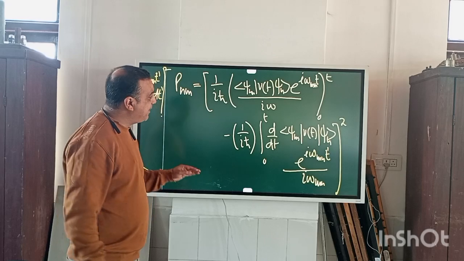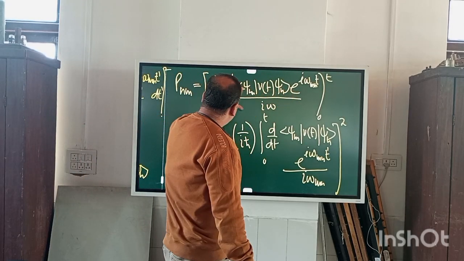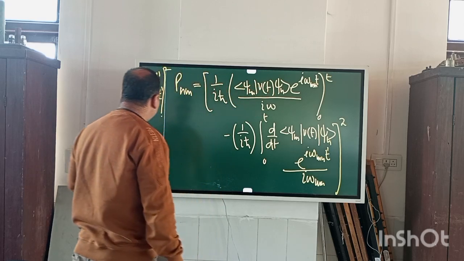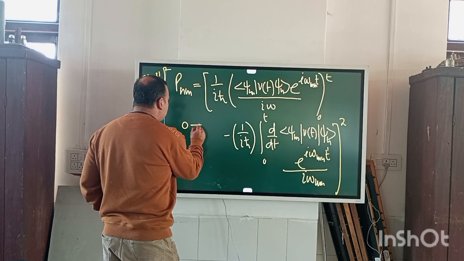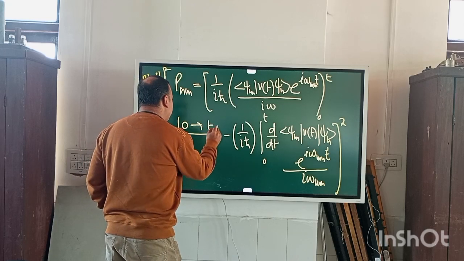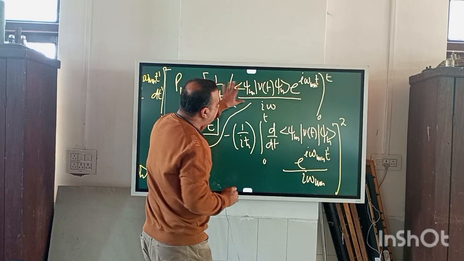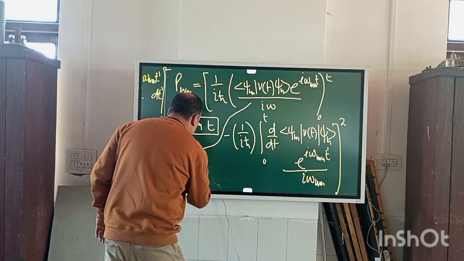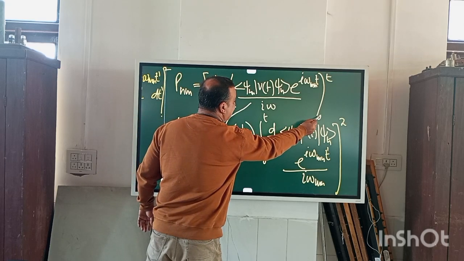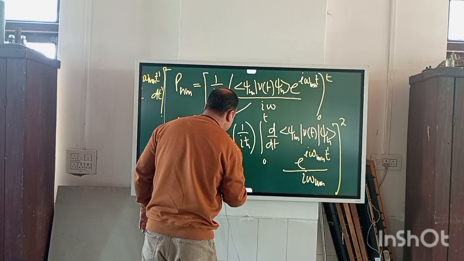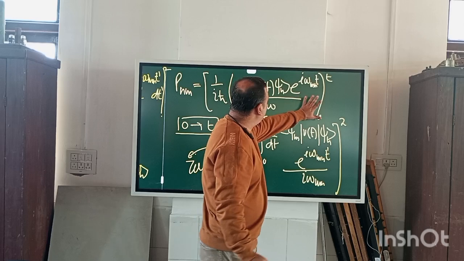So what we have here is, if we see this term, we define our problem. The problem is definable between 0 to t. So if we look at this term, this whole term will be 0 at the limits 0 and t. So we will get complete rid of this term.